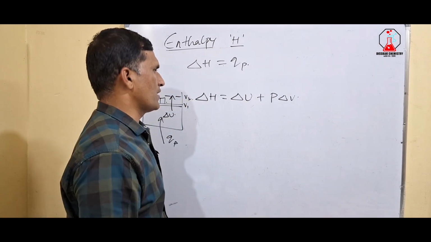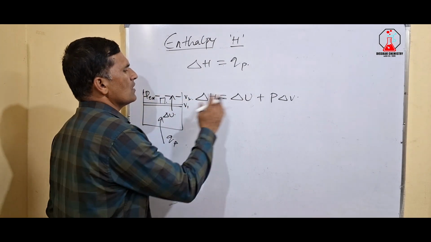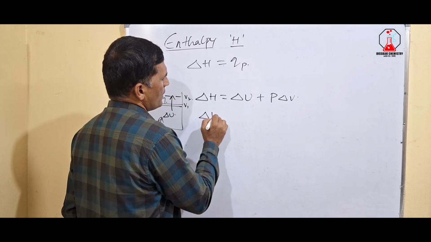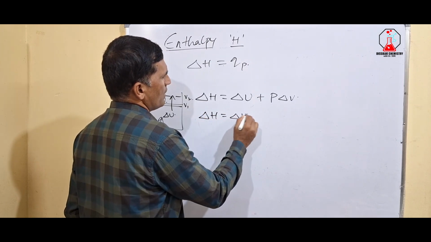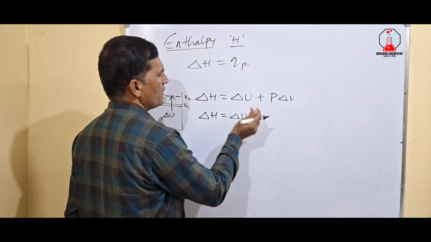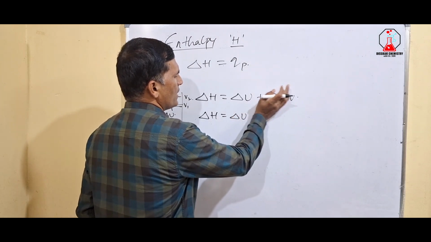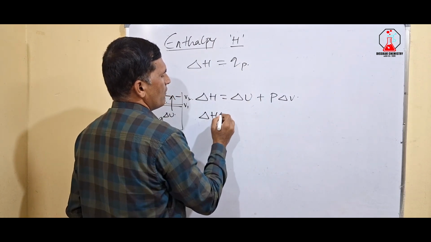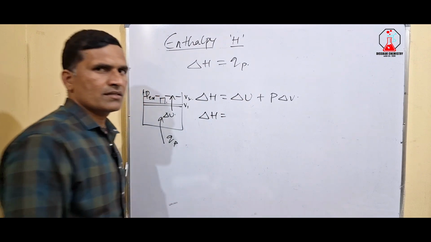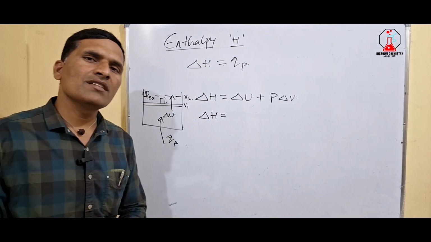So delta H is equal to delta U plus P delta V, and we know that delta U is the change in internal energy.